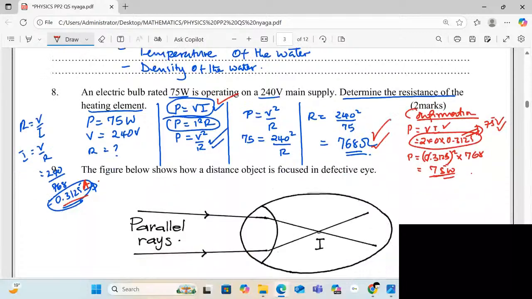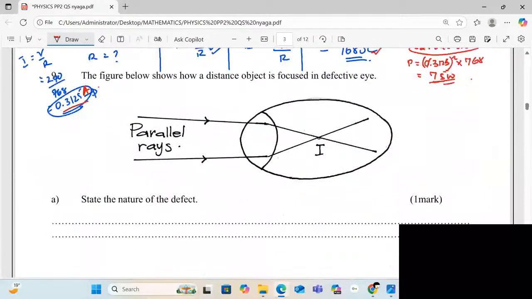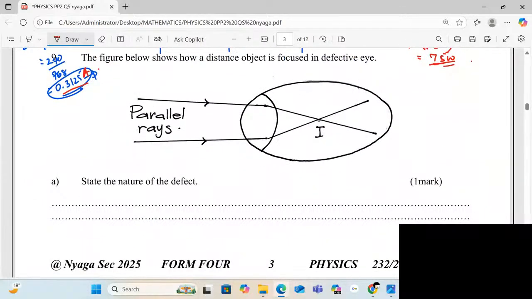And now I can continue to the next question, which is: the figure below shows how a distant object is focused in a defective eye.